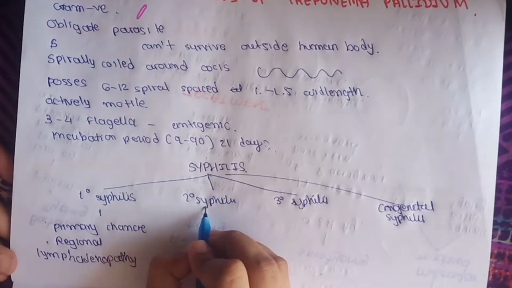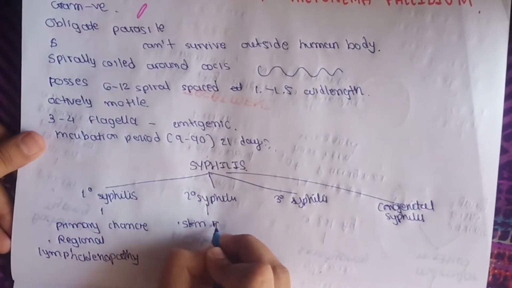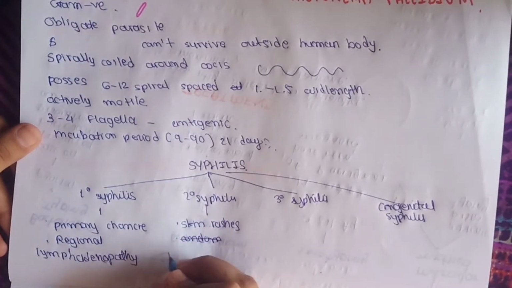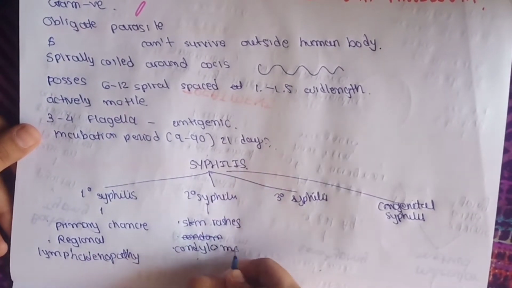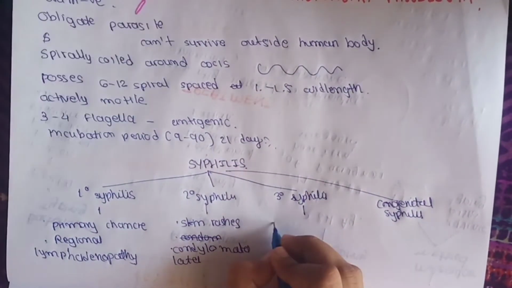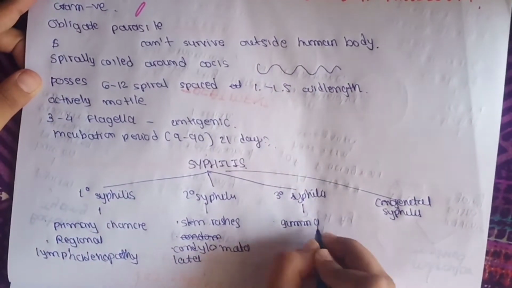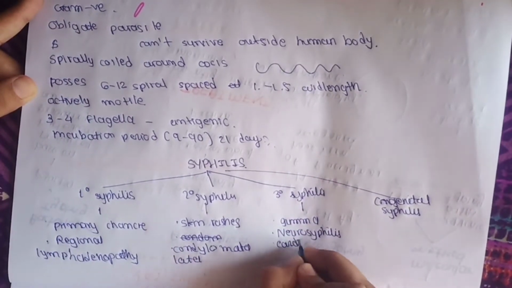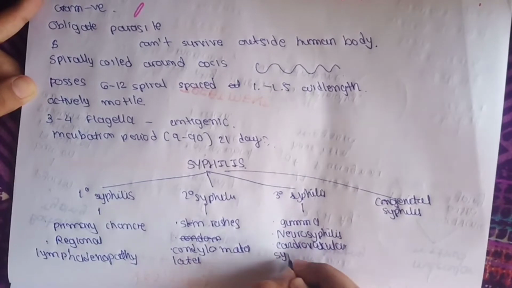In secondary syphilis, there can be skin rashes mainly on palms and soles, and also condylomata. The mucous patches are also seen in secondary syphilis. In tertiary syphilis, there can be gumma formation. Patient can suffer from neurosyphilis and cardiovascular syphilis also.